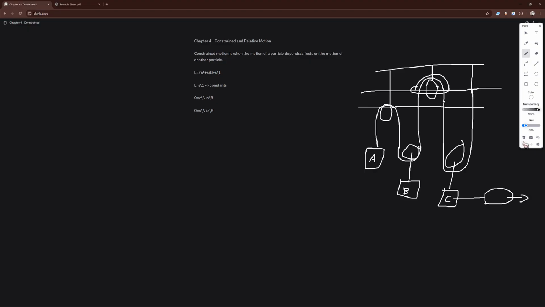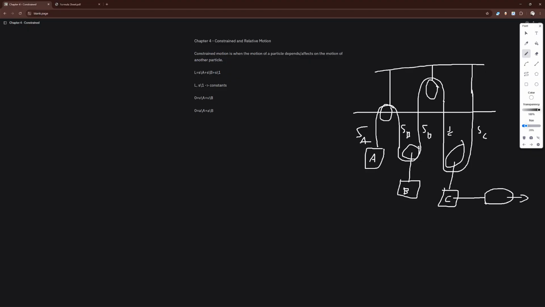So you can actually use this lower pulley as your datum. That makes it easier. You can ignore all this stuff up here now. And you can have SA, 1 SB, another SB, 2 SC, and I'm just going to call this rope here.